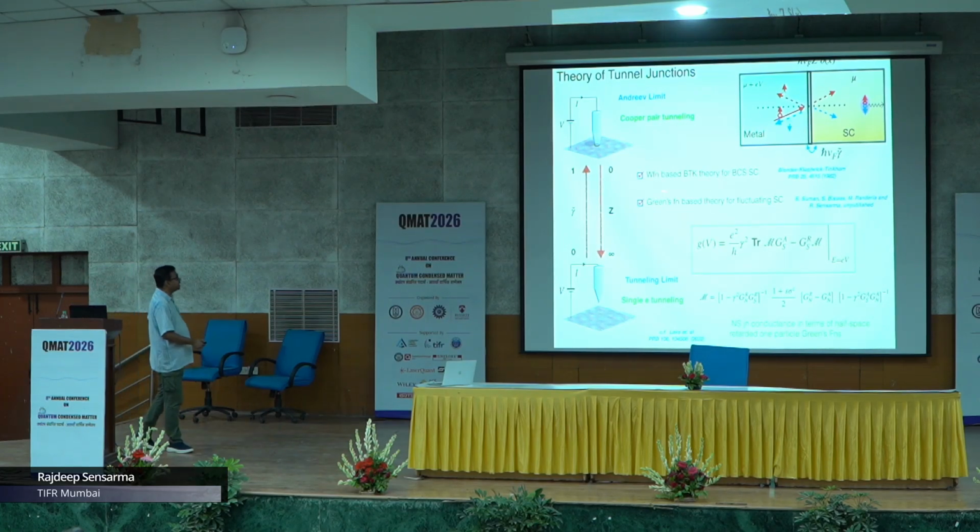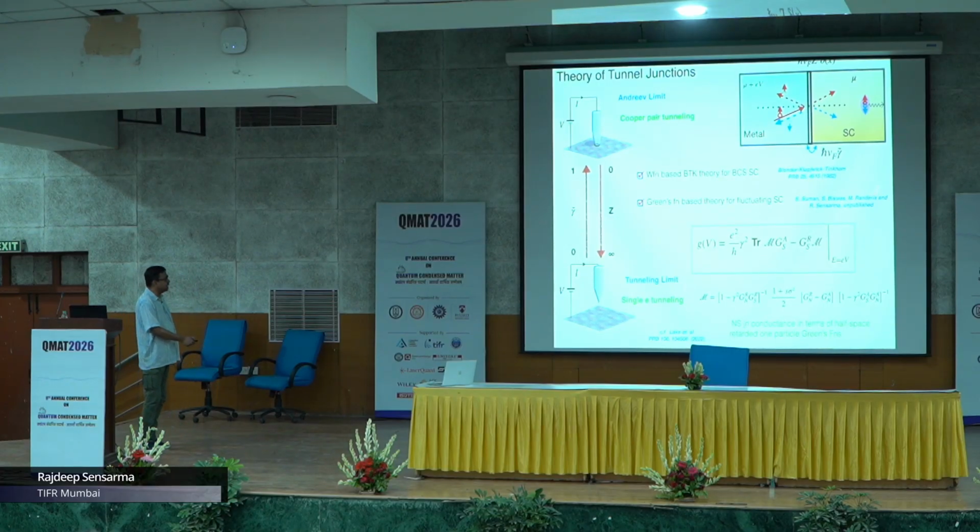Okay, so what we did is, instead of this BTK theory, which works for weak coupling things, you are asking whether there is strong coupling physics that is dominating. We needed a Green's function based theory for a fluctuating superconductor to calculate the tunneling conductance. I'll not go into the details. You can write down the tunneling conductance in terms of what is called the half-space retarded one-particle Green's function of the superconductor and the metal.